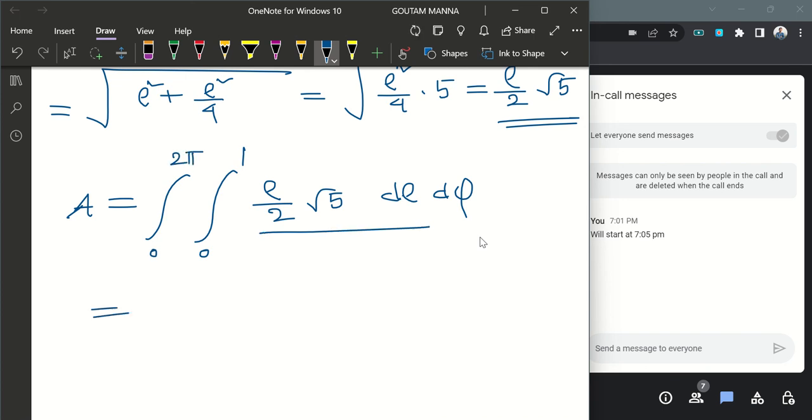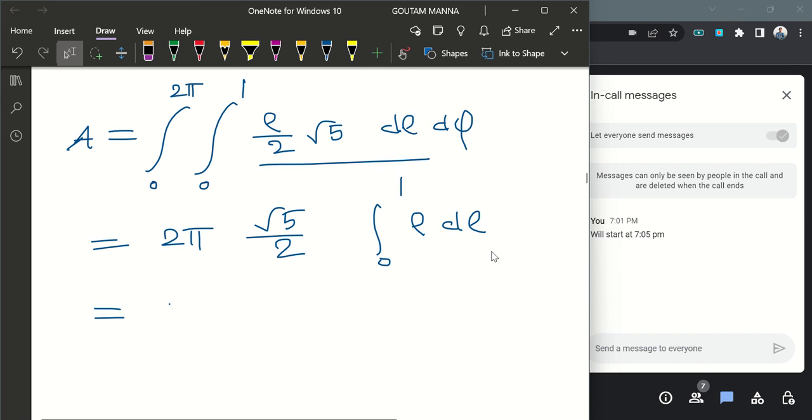So there is no phi dependence. We can do this phi integration separately, and the integration of d phi is phi. If we put the limit, it will be 2 pi. You can take this constant outside, root 5 by 2, and then the integration from 0 to 1 of rho d rho.